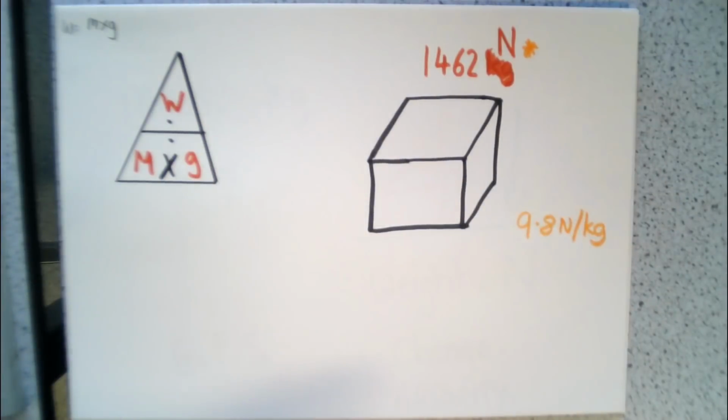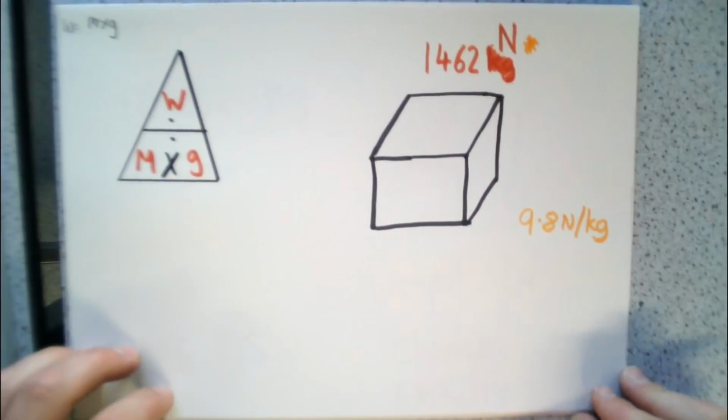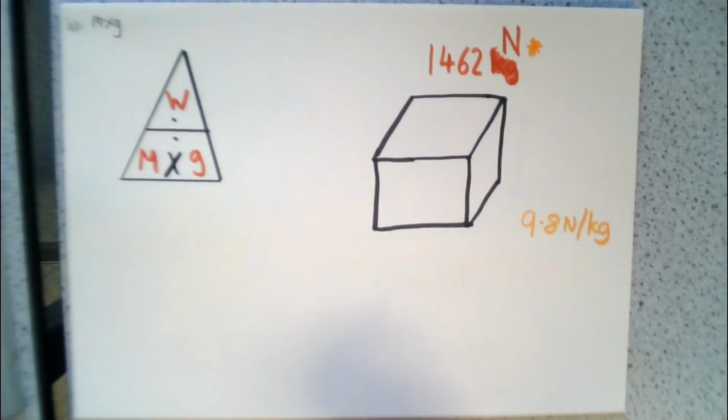If in doubt though, always use 9.8. So if you do need a reference value, you can go to 9.8, but the specification is clear that you are given that value. All right, so we've got a value of 9.8.